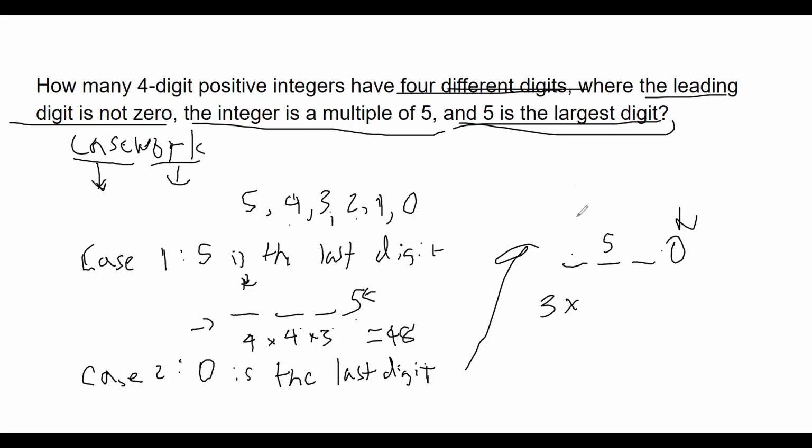Right, so now we have 2 spots left. How many different digit options do we have for this first one? You can say it out loud, type in the chat, whatever.